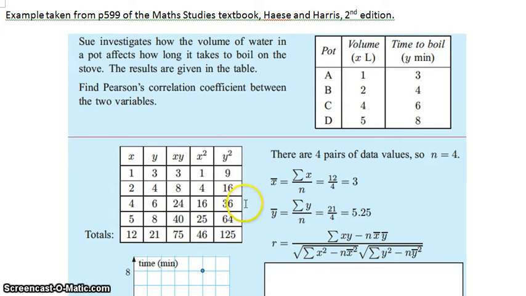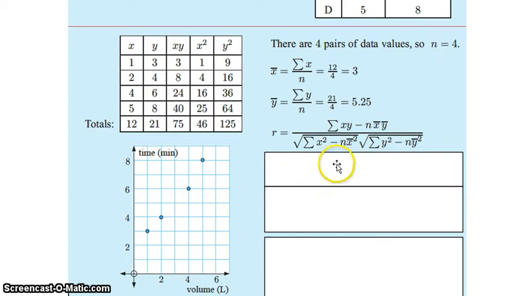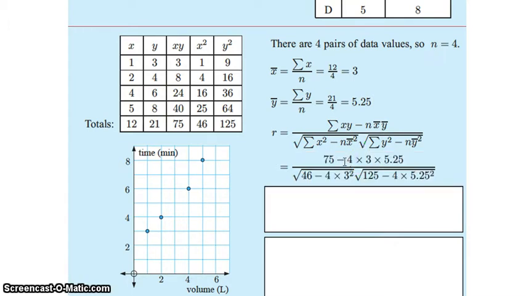All done, and those are your numbers there. Now the bit that might be confusing is x bar squared. So x bar is 3, so this would be 3 squared. Let's reveal the next panel, and we're going to substitute all those numbers in, and I'll go through it with you now.